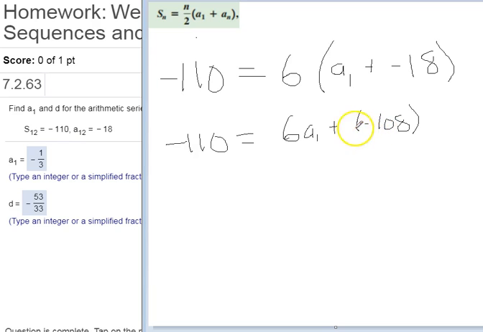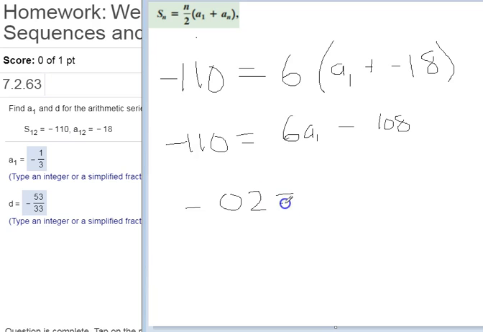I am going to change it to minus 108 because that makes it easier in my mind to do the algebra. So plus negative 108, which is minus 108. Then to get this part alone, we add 108 to both sides. So over here, that's going to leave us with a negative 2.